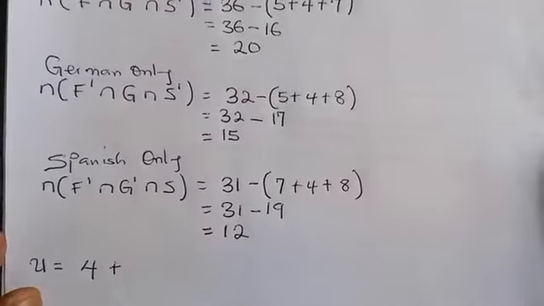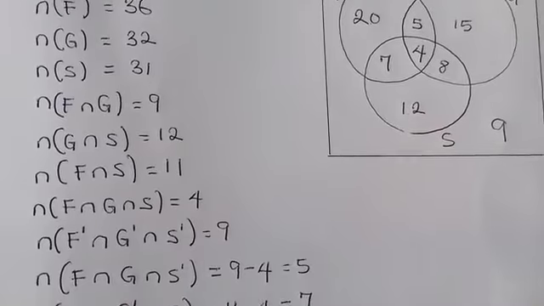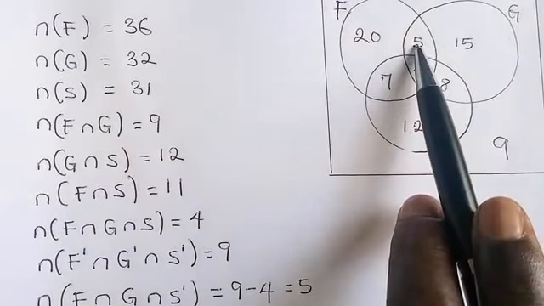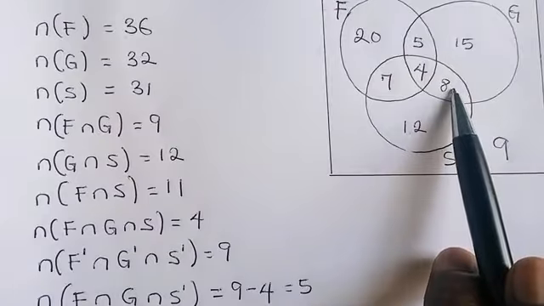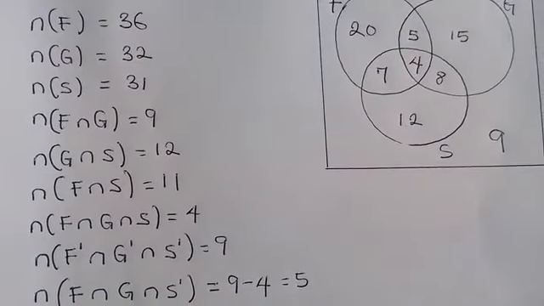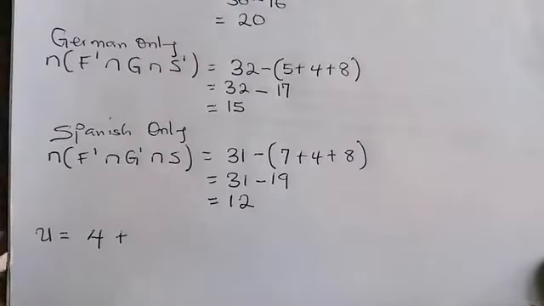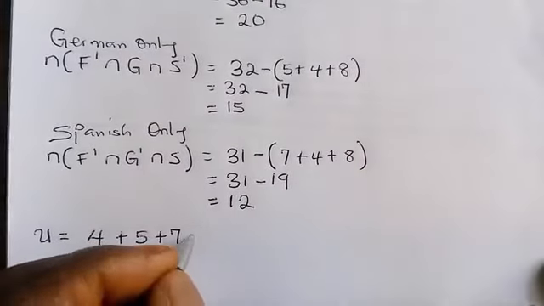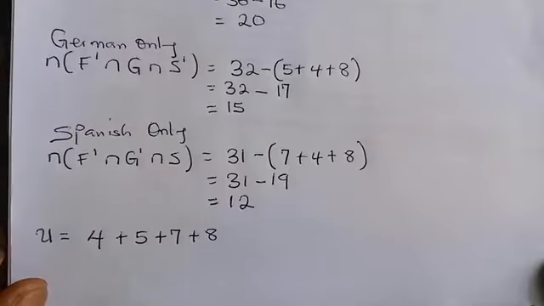The number of those that offered 2 languages only. We have 5 here for French and German, 8 here for German and Spanish, and 7 here for French and Spanish. So we are going to add plus 5 plus 7 plus 8.